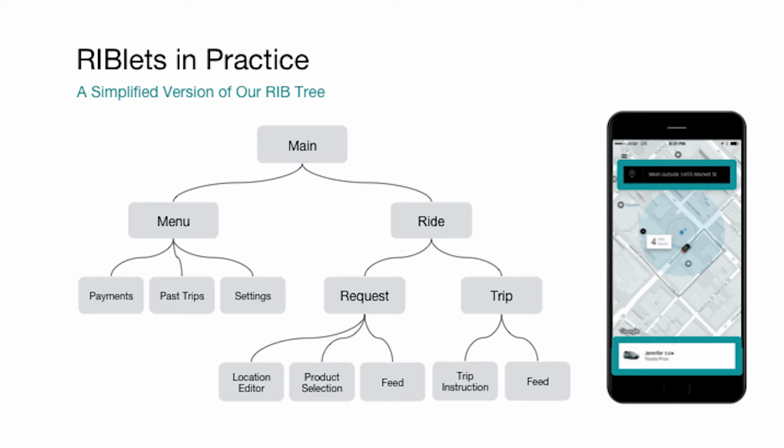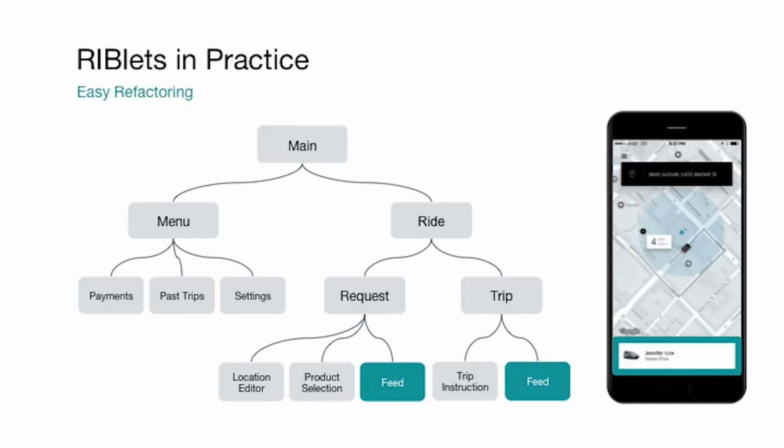We also have a ride Riblet that actually doesn't have any views, but looks at the state the user is in and determines whether to hook up the request Riblet or the trip Riblet. The request Riblet has the location editor, product selection, and feed. And the trip Riblet contains trip instructions and a feed as well.